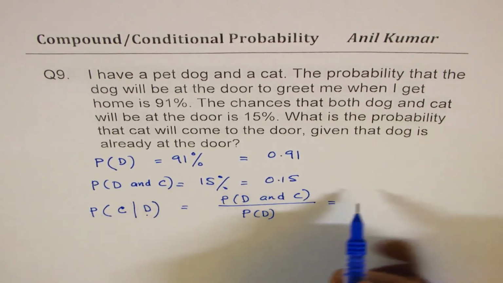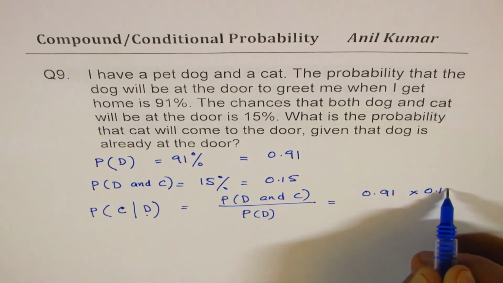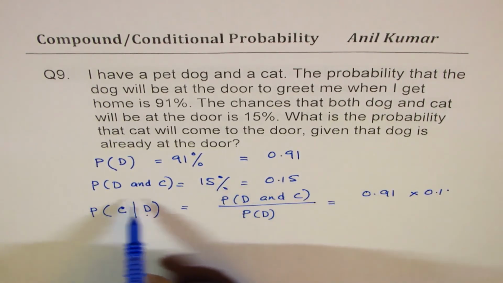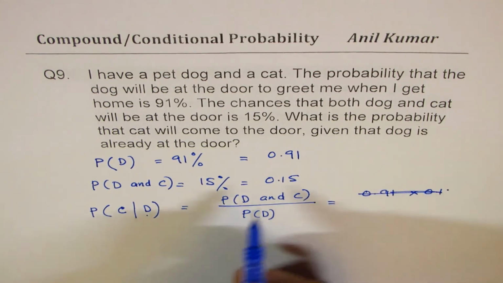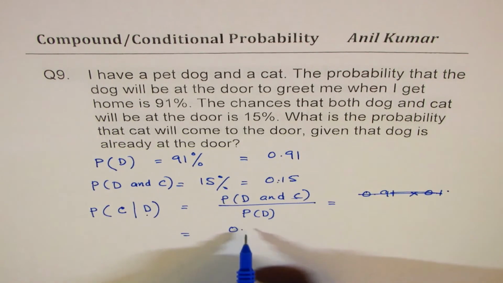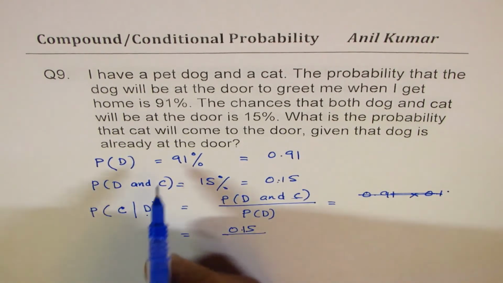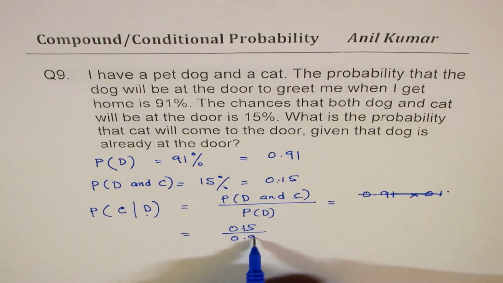Let me rewrite, sorry. Probability of dog and cat is 15%, which is 0.15, divided by the probability of dog, which is 0.91.